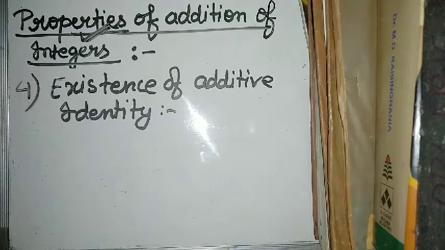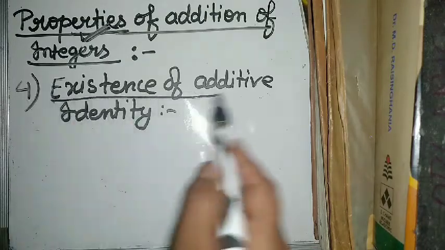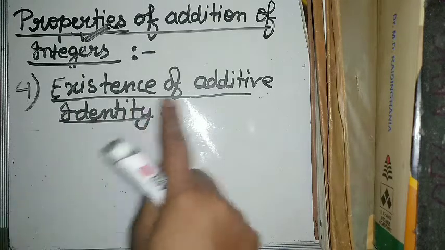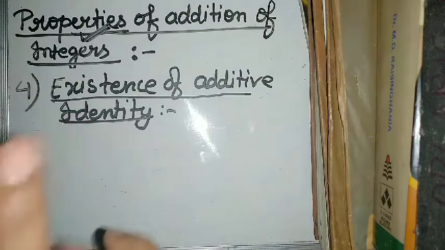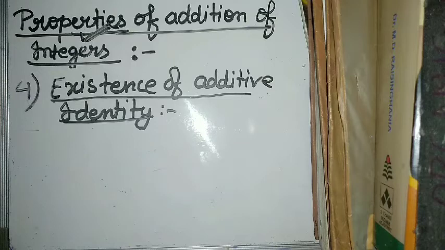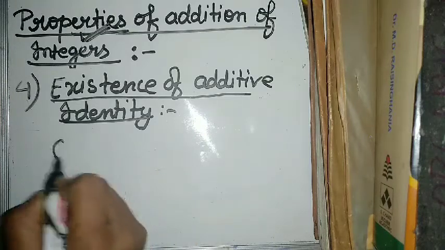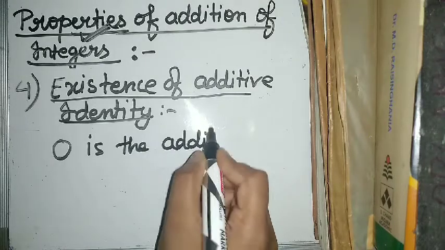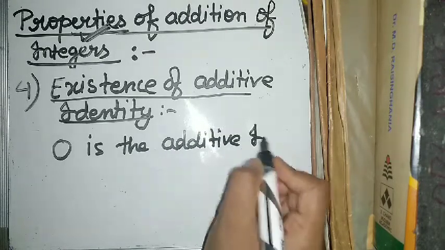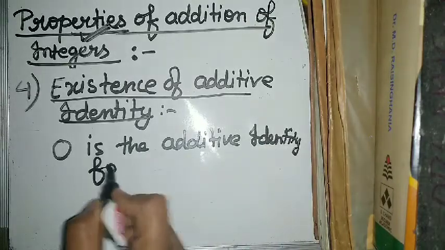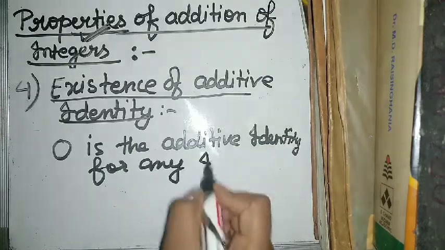Our next property is the existence of additive identity. This property says that 0 is the additive identity for any integer.